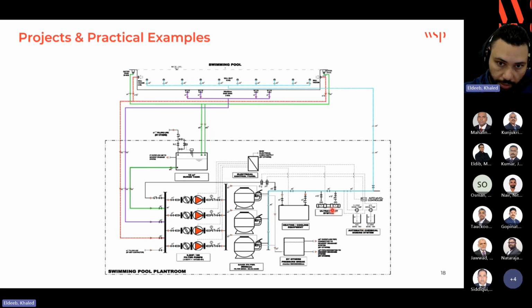If you remember in the sterilization session, we discussed that ultraviolet doesn't give you residual chlorine. It just kills the microorganisms and viruses passing through this unit. But once you go out, if there are any potential viruses or microorganisms, we need residual chlorine. So we cannot eliminate the use of chlorine, but we will minimize it if we use ultraviolet or ozone.